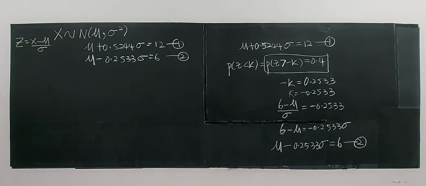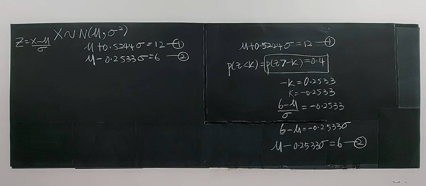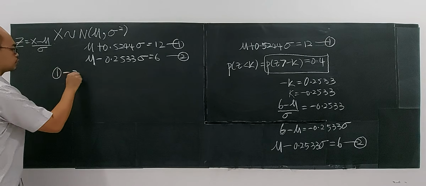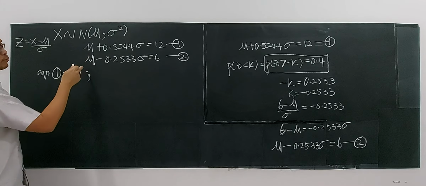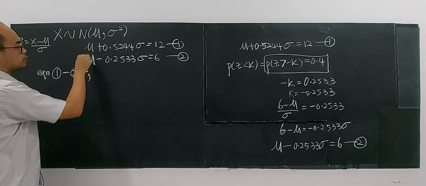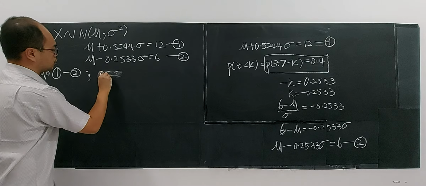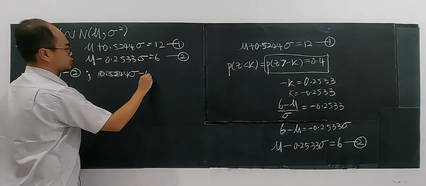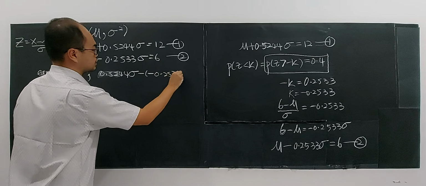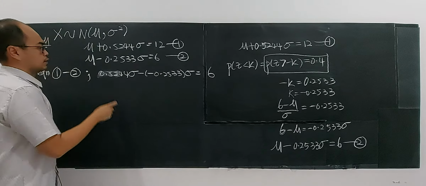I think this should not be a problem for you to solve. So as you see, using the elimination method, I eliminate the mean in order to find the sigma here. So I'm taking equation 1 minus equation 2. Why minus? Because the mean has the same coefficient, so minus minus mean, you get 0. Then 0.5244 sigma minus negative 0.2533 sigma equals 12 minus 6, which is 6.